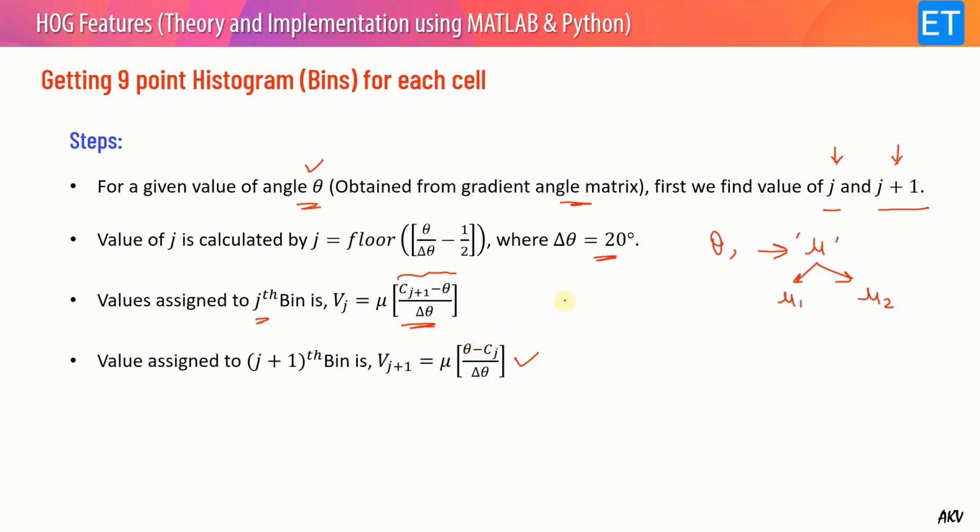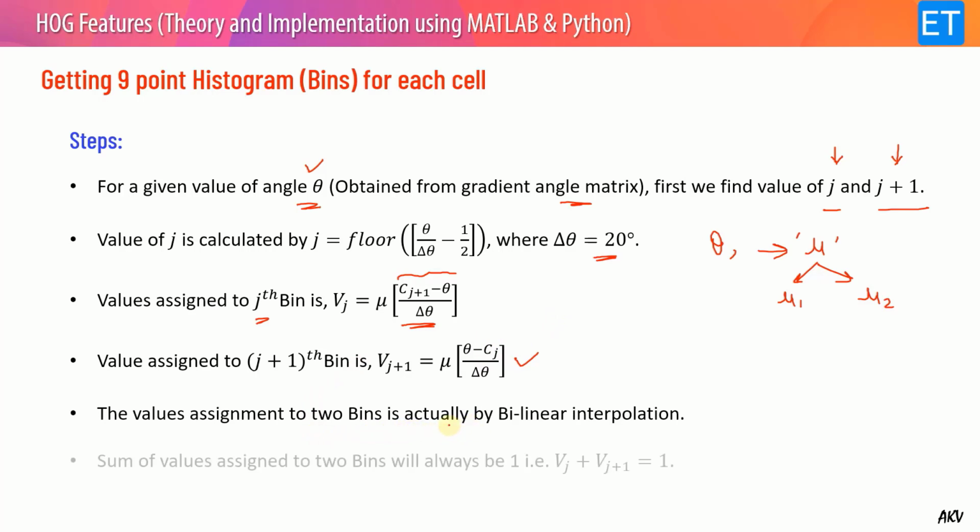The values assigned to these two bins follow the bilinear interpolation method. So the sum of these assigned values will always be 1. Obviously, these two portions will sum up to the complete value of the mu.